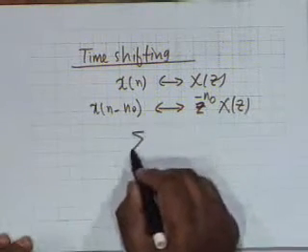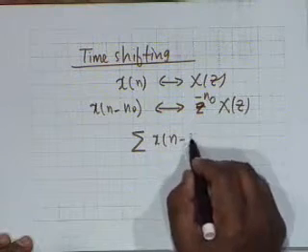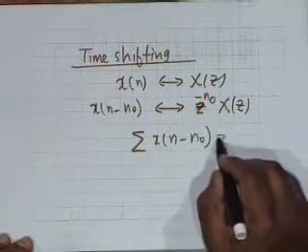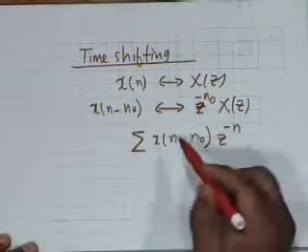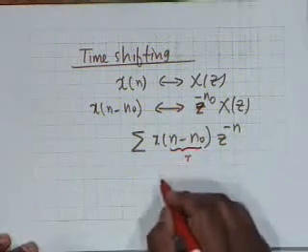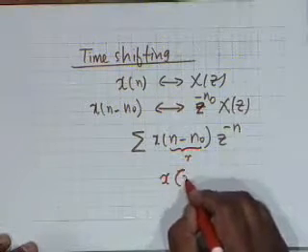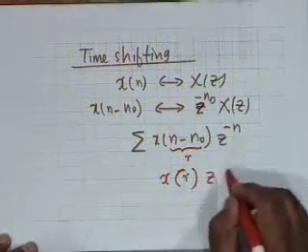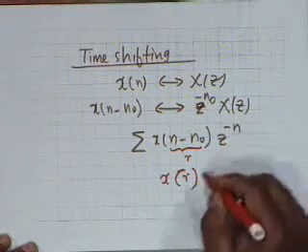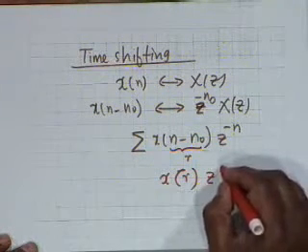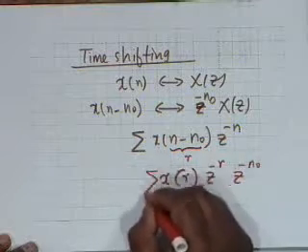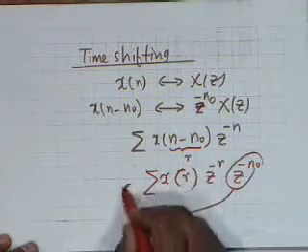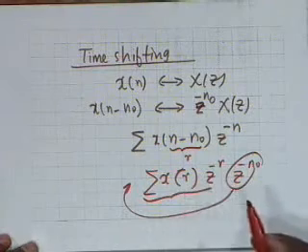That is, what we have is summation x of n minus n0 Z to the minus n, in which we make a change of variable, we put n minus n0 equal to r, therefore we get x of r, then n shall be equal to r plus n0, and therefore Z to the minus r, Z to the minus n0, and this is what comes out of the bracket. The rest of it is capital X of Z.